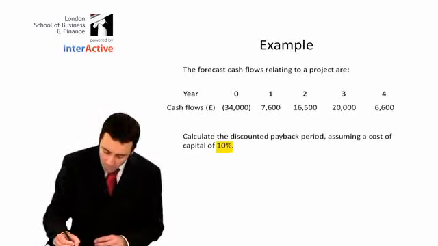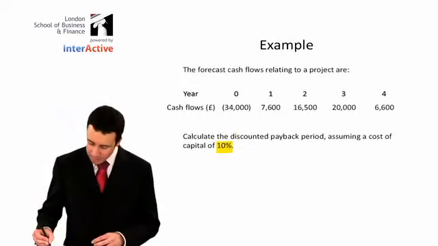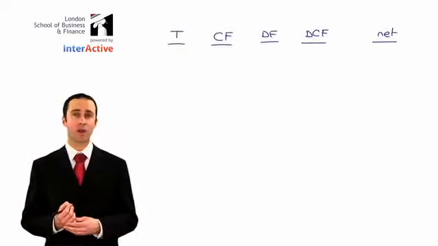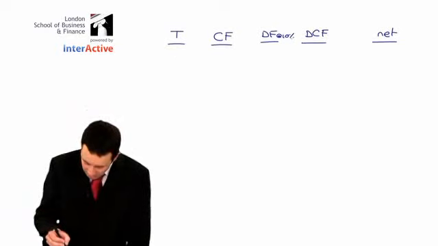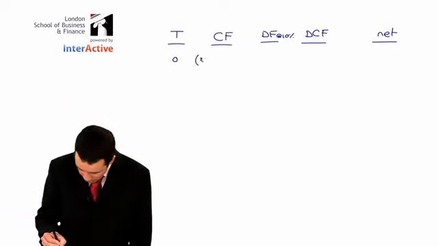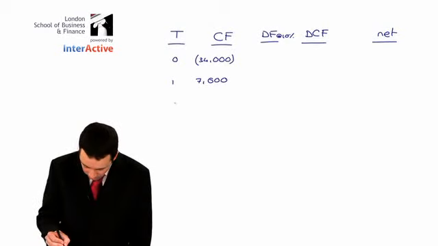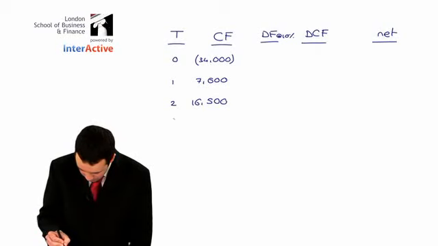So all we do, easiest way I think, is to lay out that 5-column approach. We've got a discount factor at 10%, and what I do is I put in my time periods and my undiscounted cash flows first, just simply copying the numbers from the question you are given.